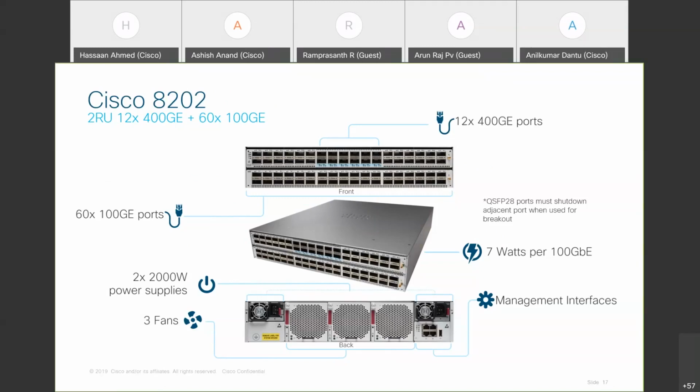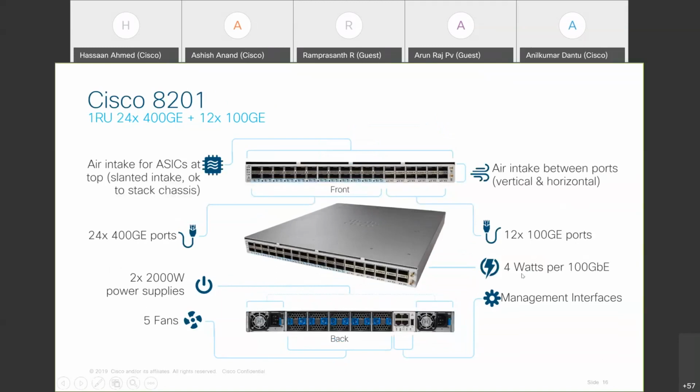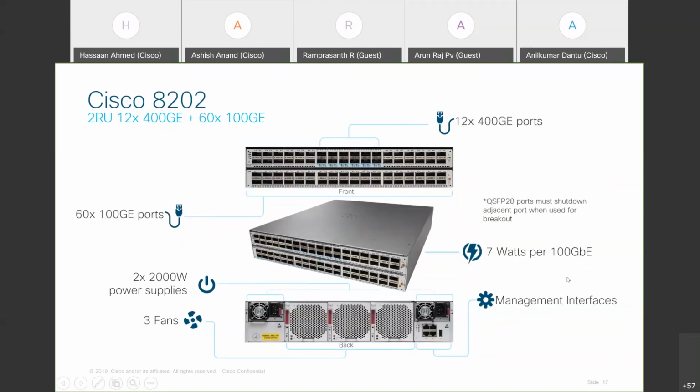One main benefit of this product is its very low power consumption. As you can see, it is as low as 4 watt per 100 gig. For this one, it is 7 watt per 100 gig.